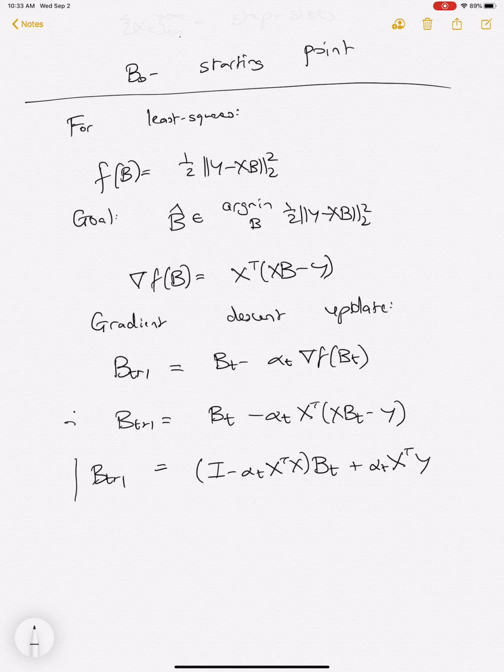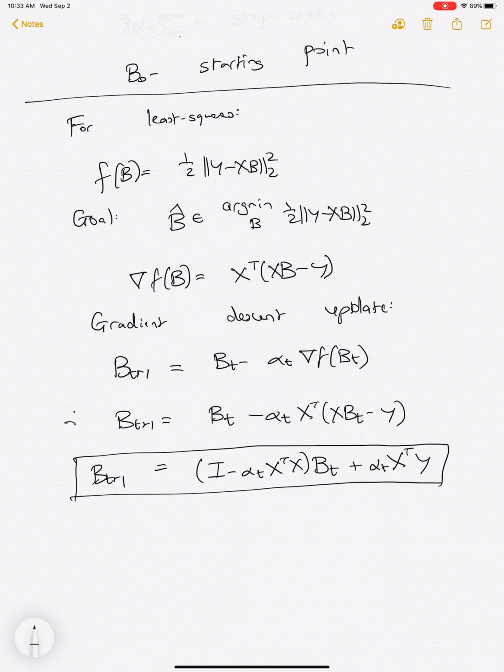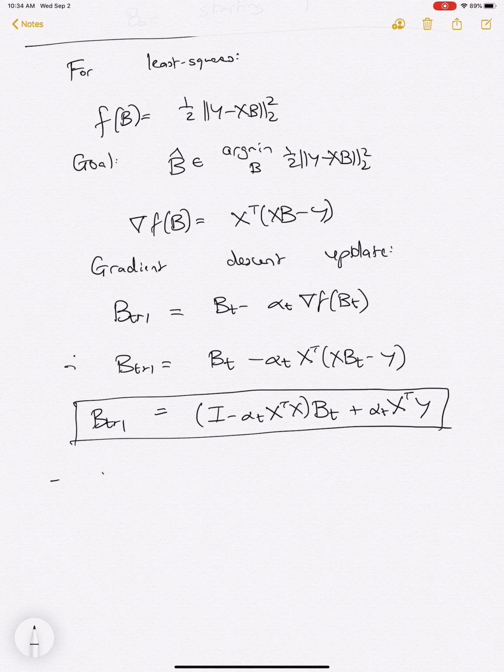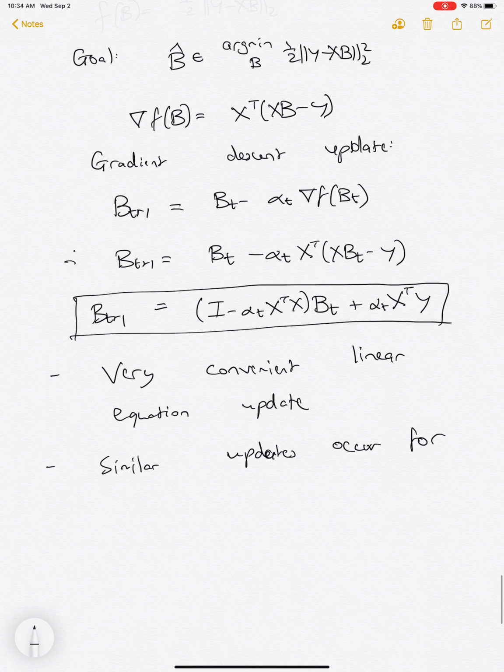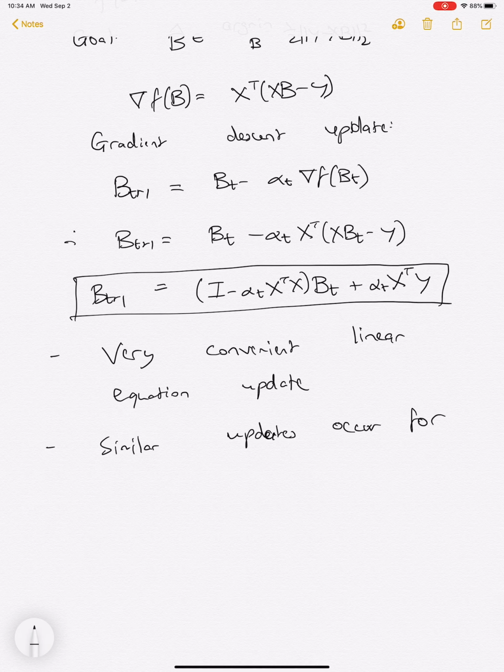Okay, so we get this, and similar updates are going to occur for maximum likelihood.